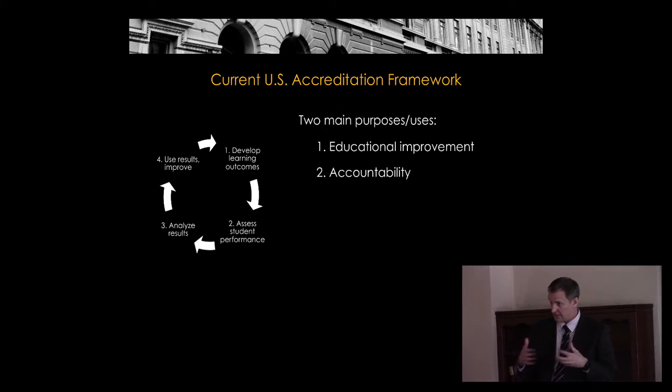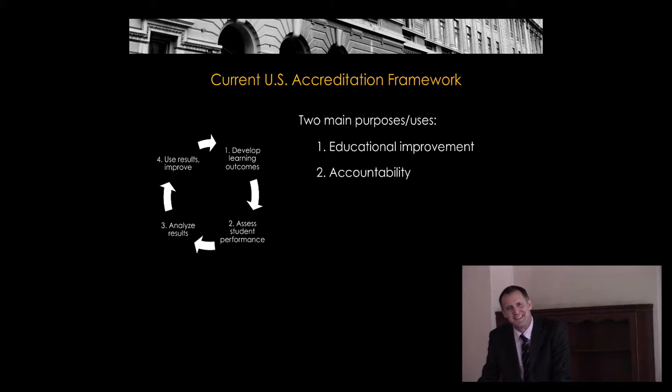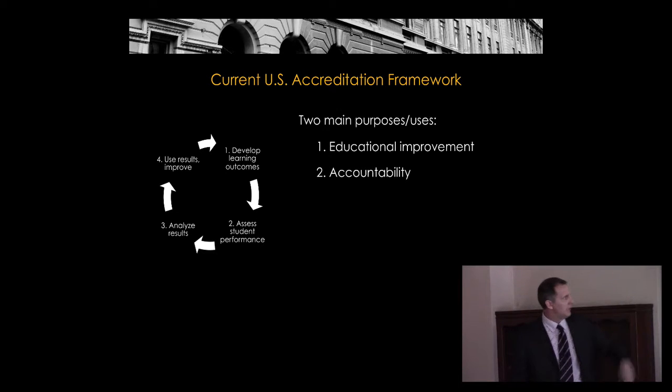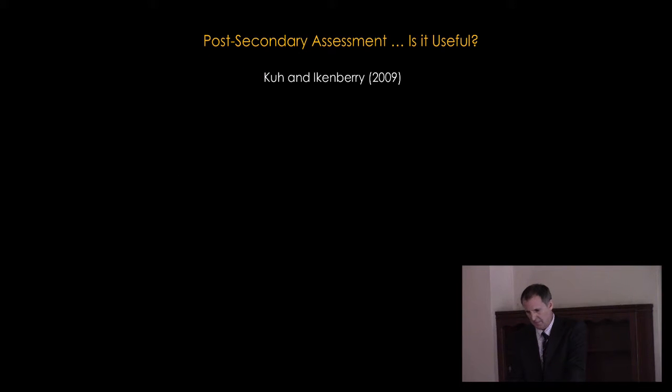So accreditation commissions are saddled with this. I shouldn't say saddled, have adopted this because of pressure from the federal government. So there's an accountability use here. But the extent to which accreditation achieves these aims is very much in question.